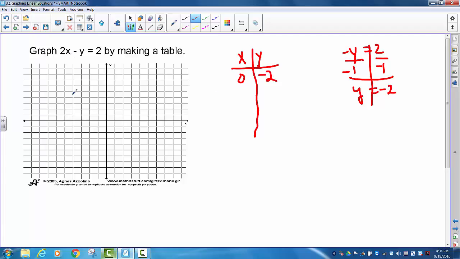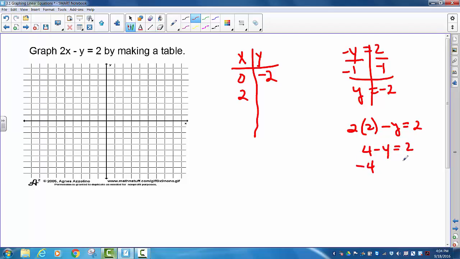This time you can choose anything you want because you're not dealing with fractions. So let's choose 2. 2 times 2 minus y equals 2. That gives you 4 minus y equals 2.